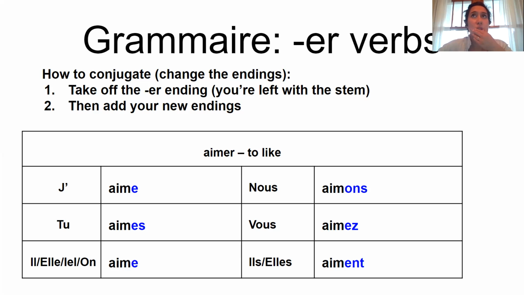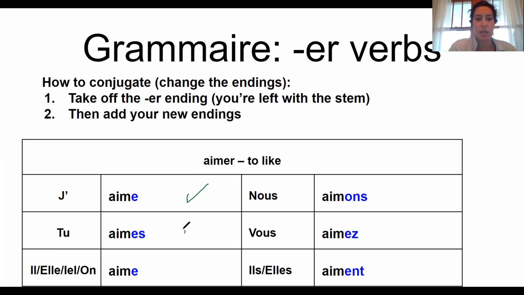I'm going to read them to you, and let me see if I can point out as I go. So I'm going to read this first one. J'aime, tu aimes, il aime, nous aimons, vous aimez, ils aiment. Okay, so that's the sound.